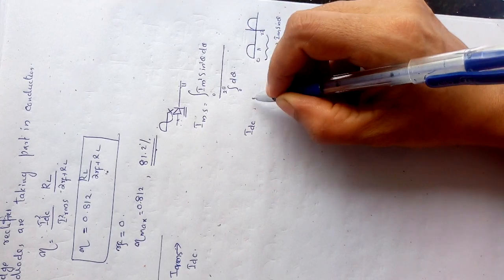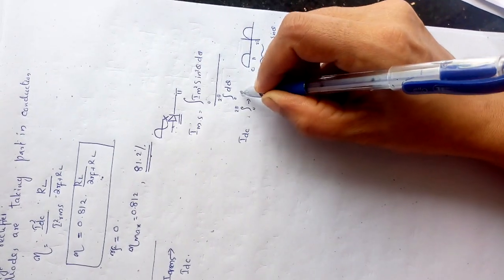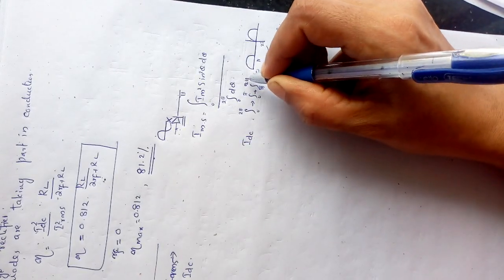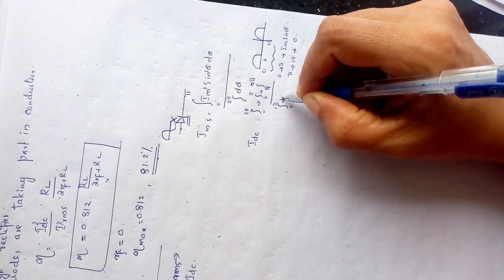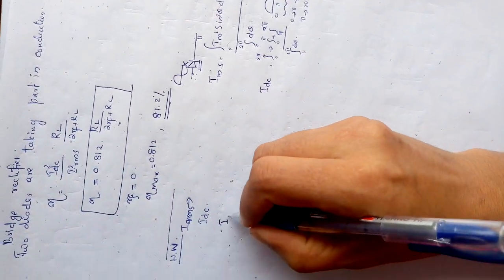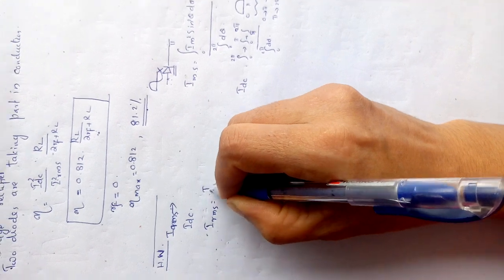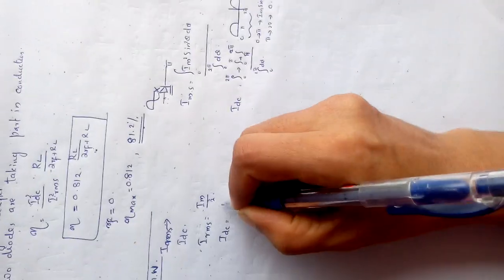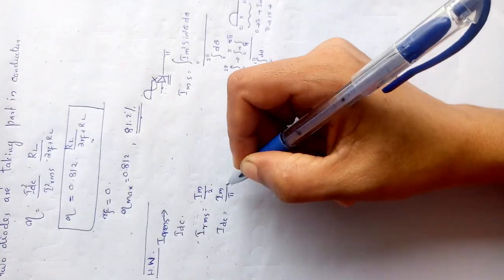So you split the integral into 0 to pi and pi to 2 pi, and average it over the entire cycle, 2 pi, with d theta. You will get the mean square value, and from that you can find the RMS value. IRMS in this case is found to be Im by 2, and IDC you will get as Im by pi, instead of 2 Im by pi.